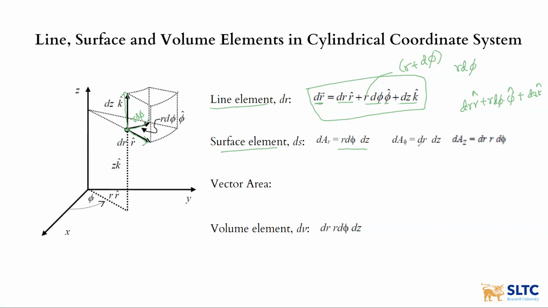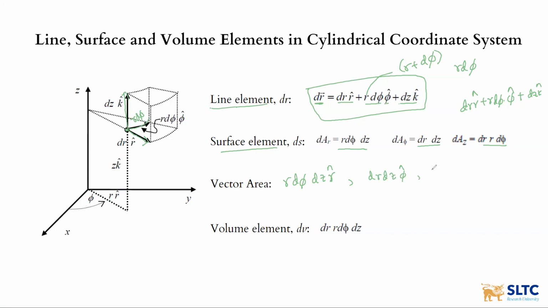So these three elements are surface elements, and the vector areas of those surface elements we can write easily by considering what is the perpendicular vector to this surface area. We can multiply with r hat. Another vector area is dr dz and phi hat.